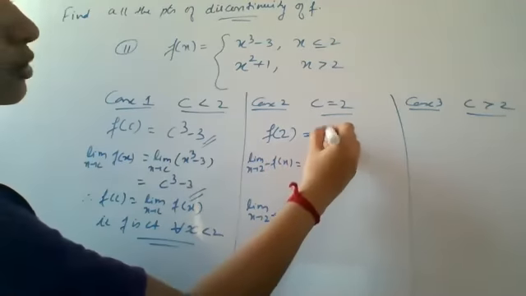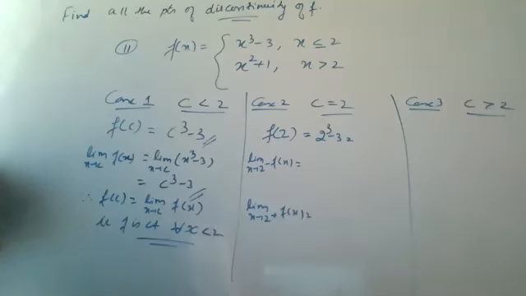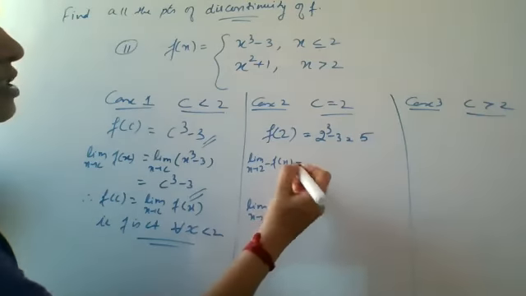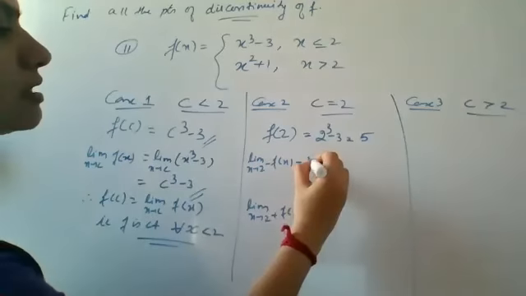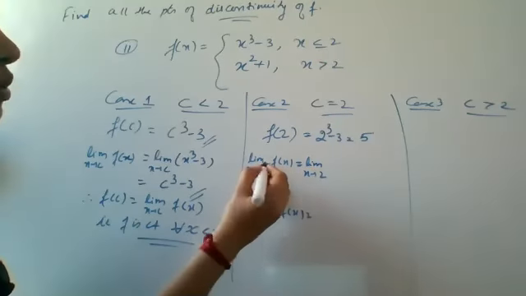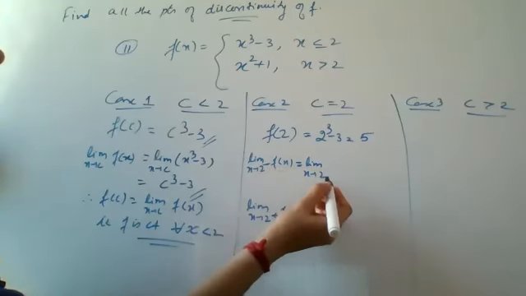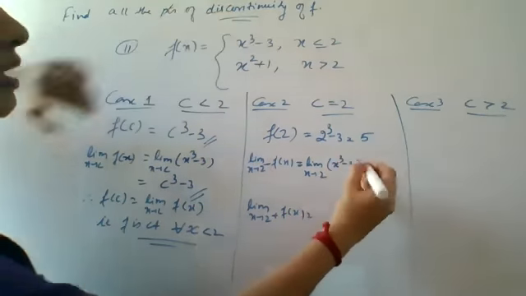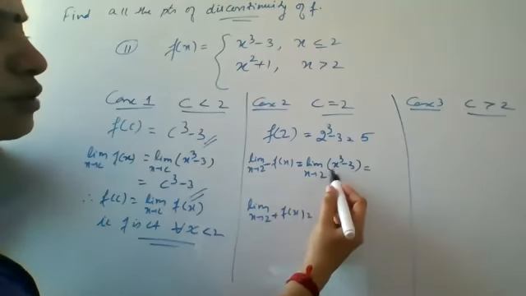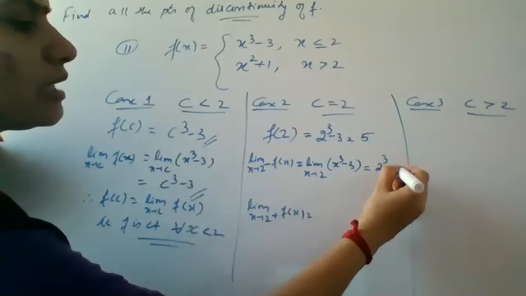So here you will have 2 cube minus 3, which is 2 cube is 8, 8 minus 3, 5. Now limit x tends to 2 minus, again have the same function. You have limit x tends to 2, no need to write minus here. In the second step, replace the function, corresponding function, and again replace the x value with 2. So again you will get 2 cube minus 3, which is 5.